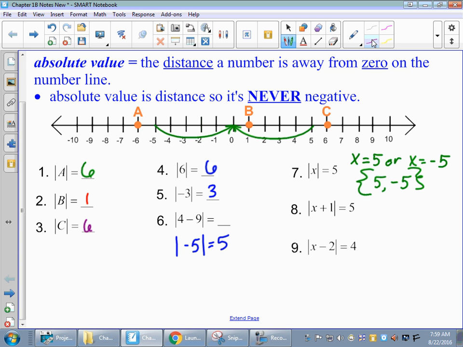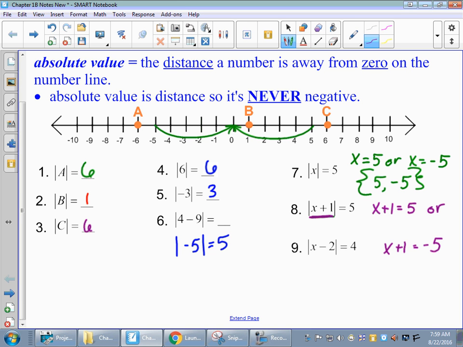What you can do is use the definition of absolute value. And you say the absolute value of this expression, the absolute value of x plus 1, is equal to 5. That means that x plus 1 could be 5 units to the right, or x plus 1 could be 5 units to the left, at negative 5.